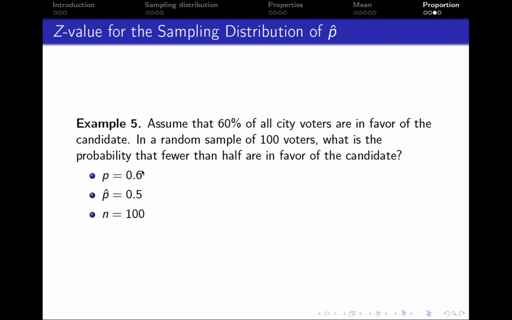So the population proportion is 0.6. We know that a random sample of 100 voters has been selected, so n is equal to 100. And we would like to know the probability that the proportion in a given sample is lower than 0.5. So the sample proportion that we are interested in is 0.5.